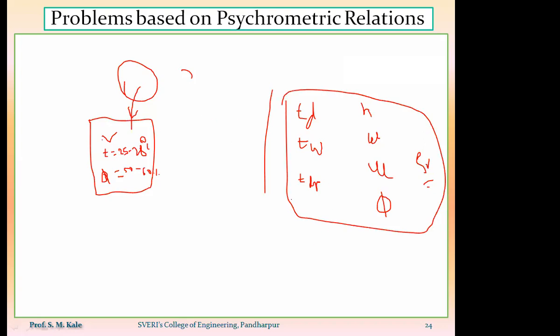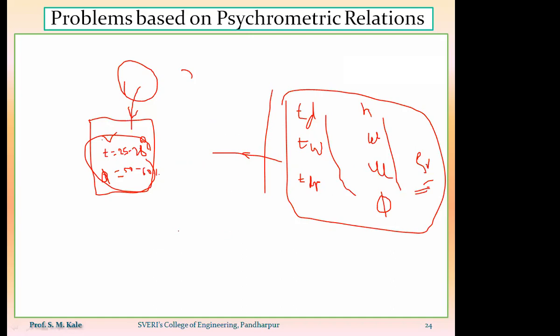By knowing these various properties, I can do the processing accordingly, and after doing the processing, I can obtain the desirable atmospheric condition. So how do we find out these various properties of moist air? For that purpose, we have seen the various psychrometric relations.